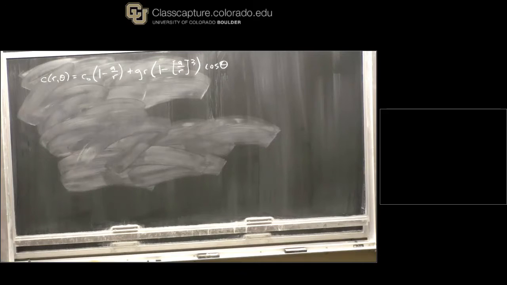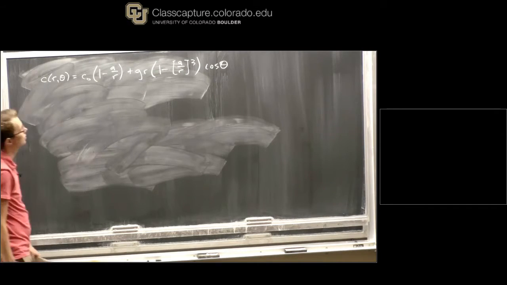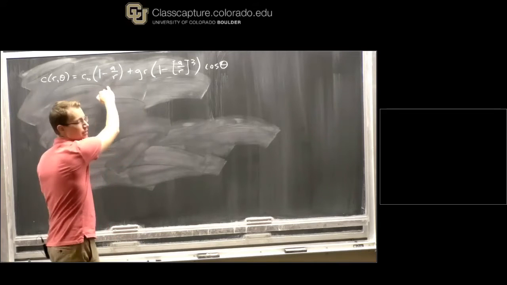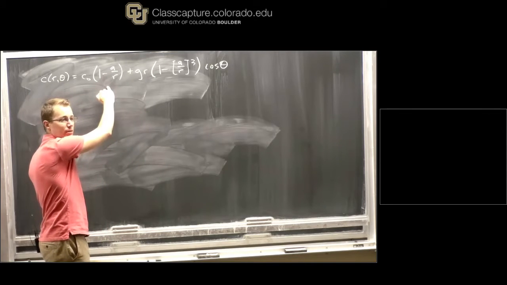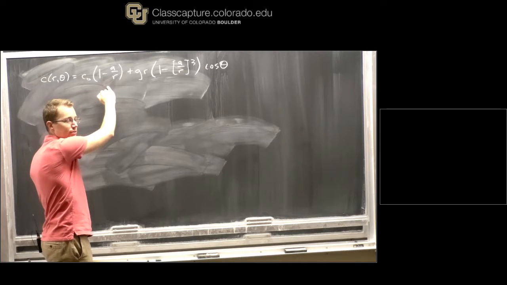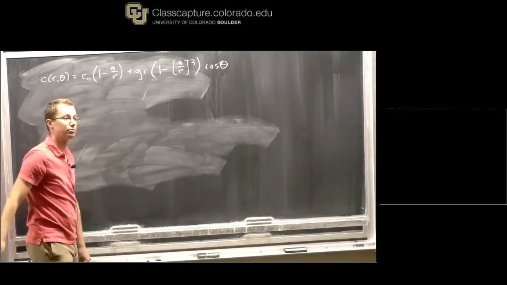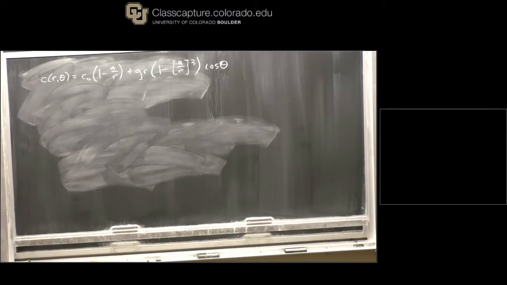Okay. I feel pretty good about this because if the gradient goes to 0, then we got exactly what we did for the concentration in the absorbing sphere case, which is the uniform concentration. Good.